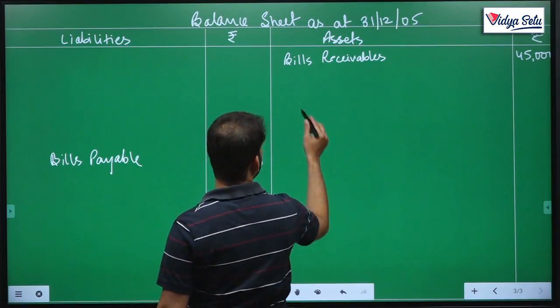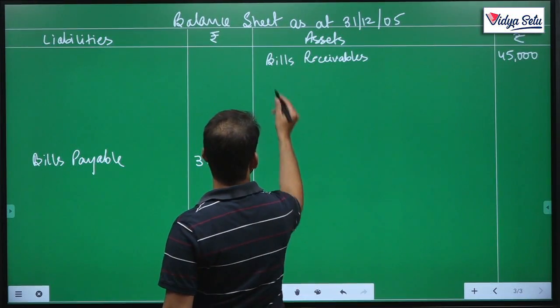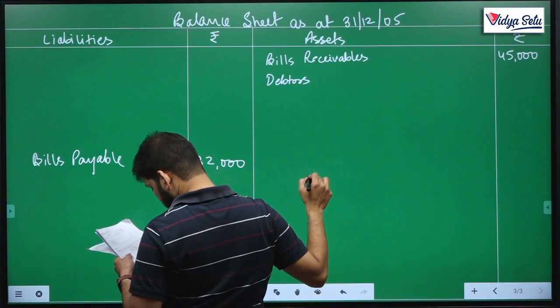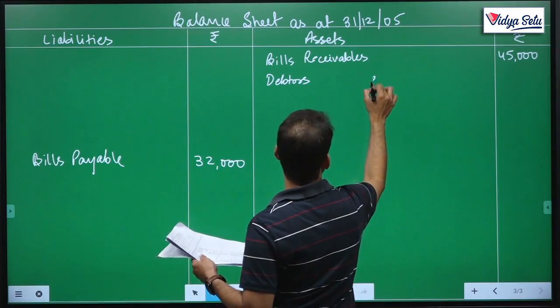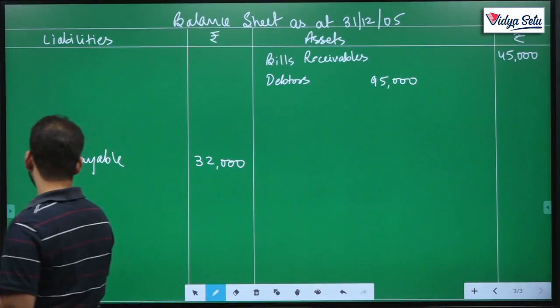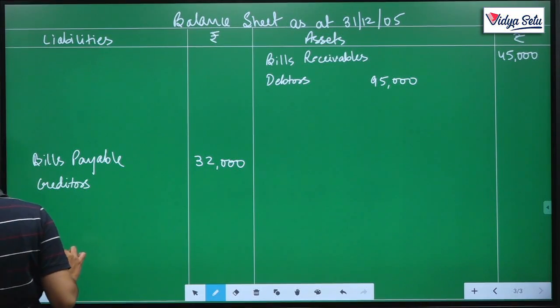Debtors and creditors go to the balance sheet. Debtors are 95,000.